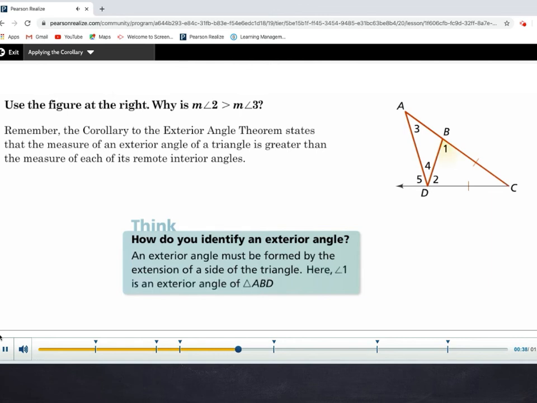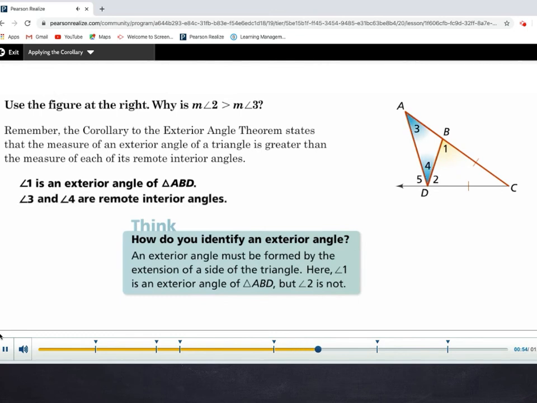Here, angle 1 is an exterior angle of triangle ABD, but angle 2 is not. Angle 3 and angle 4 are remote interior angles. By the corollary to the exterior angle theorem, the measure of angle 1 is greater than both the measure of angle 3 and the measure of angle 4.